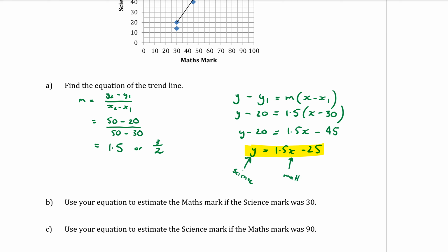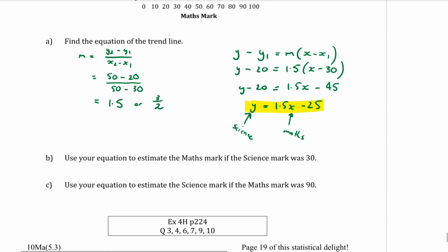So part B says, use your equation to estimate the maths mark if the science mark was 30. So remember the science is the Y. It means I'm subbing the 30 where the Y is. So it's going to be 30 equals 1.5x minus 25. Now, I guess this is squished in here a bit, so we didn't want to take an extra page. We've got to try and squish in solving that equation to find the x.